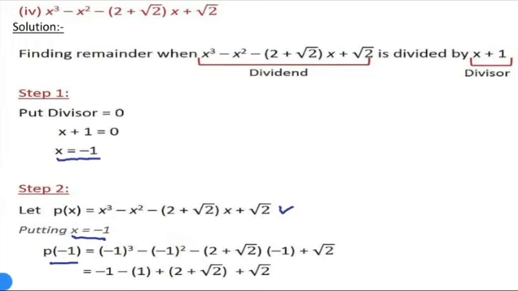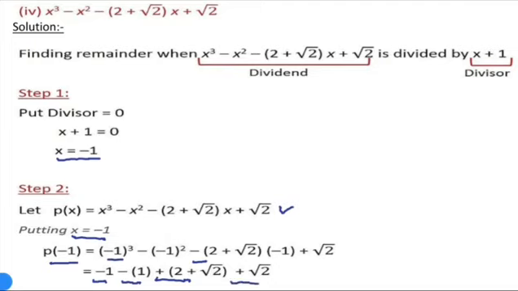Here minus 1 cube means we get minus 1. Minus 1 square we get plus 1. So minus of plus 1 plus of 2 plus root 2 into minus 1. So here minus and minus multiplies, we get the plus sign and plus root 2.